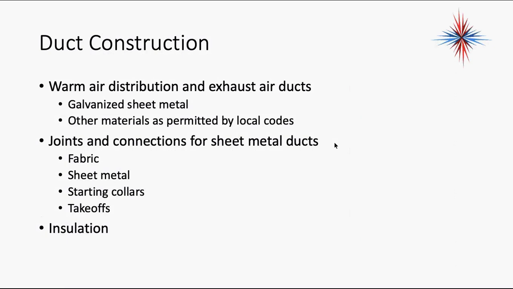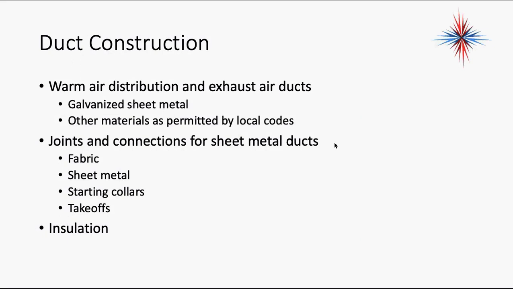Duct construction is either made of galvanized sheet metal or other materials as permitted by local code. I'll talk a little bit about the materials in a second. Joints and connections for sheet metal could be fabric, could be sheet metal, could be called starting collars or takeoffs.